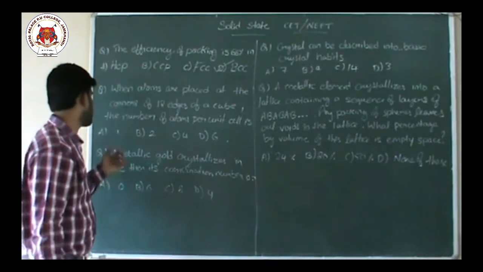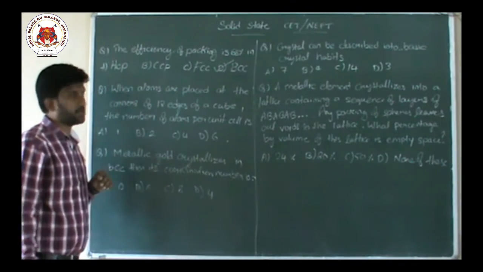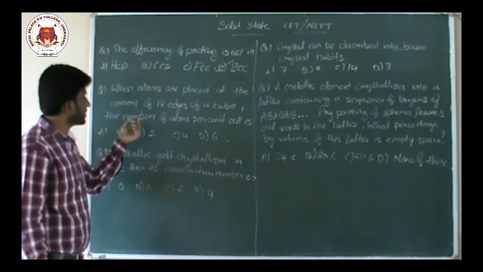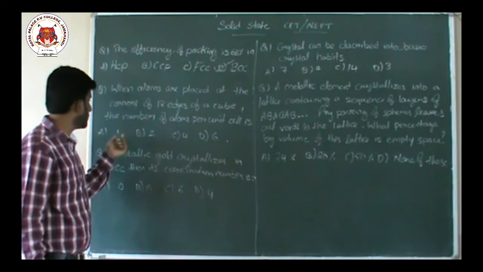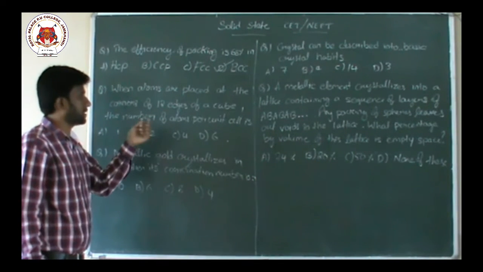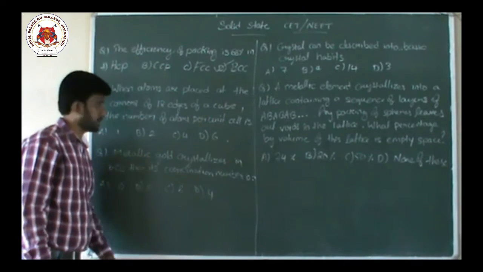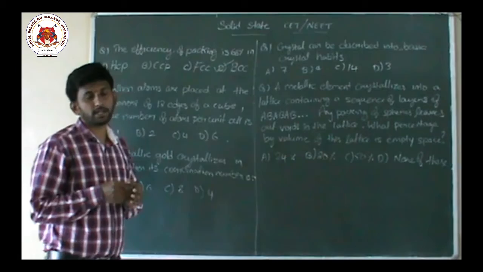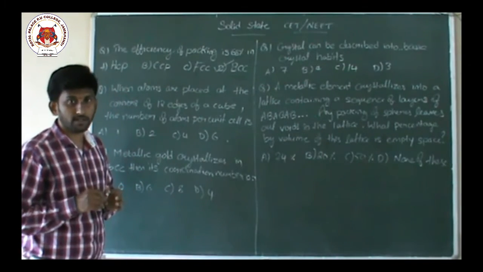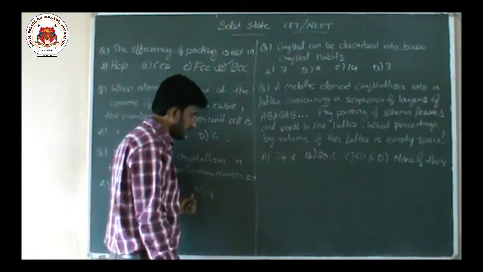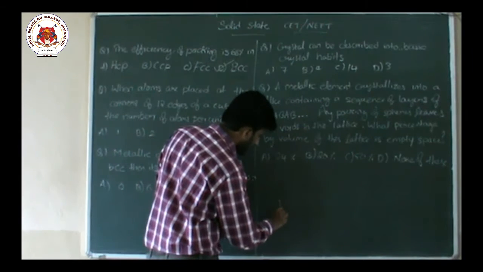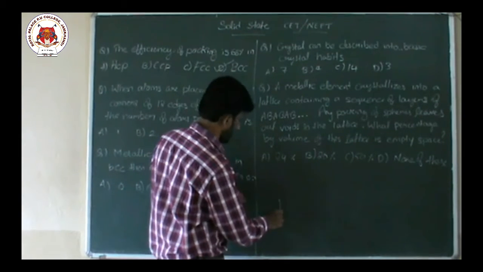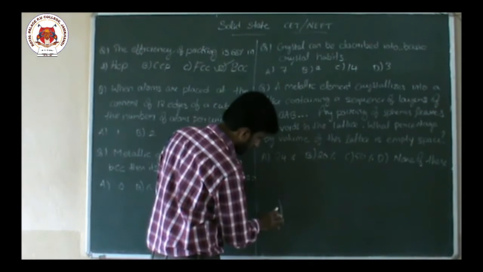Okay. Next. When atoms are placed at the corners of 12 edges of a cube, the number of atoms per unit cell is? Now, in a certain cube, they are saying that atoms are placed at the edges, the 12 edges of the cube.